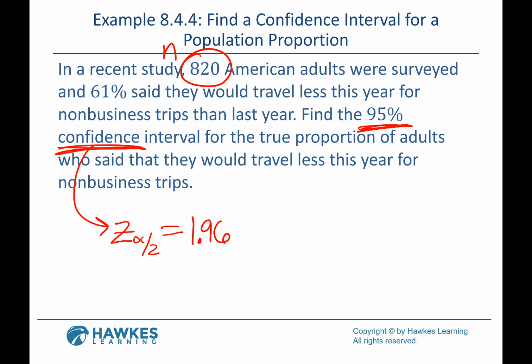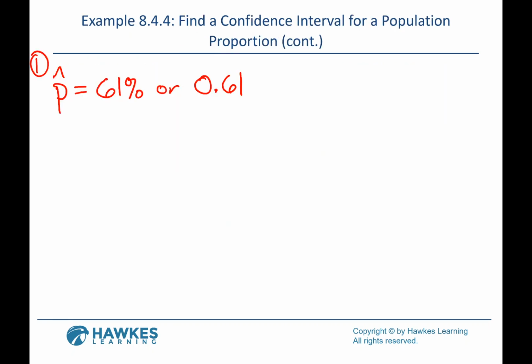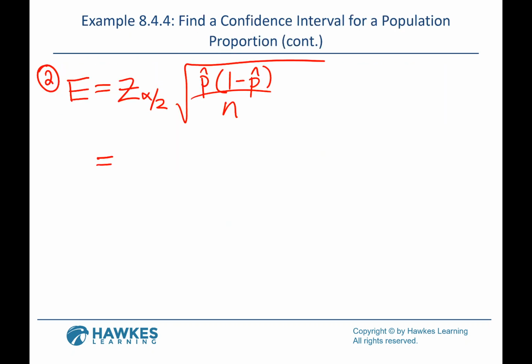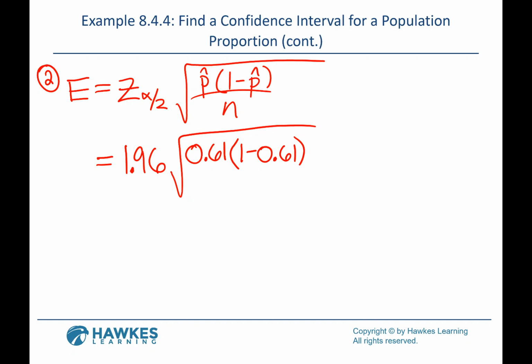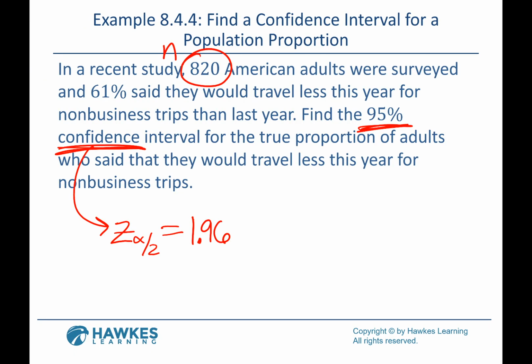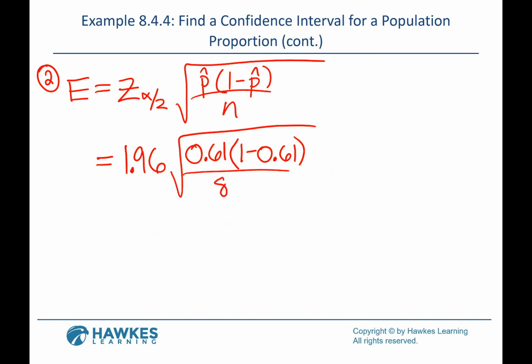So now it's just a matter of plugging into the formula. Okay, so 1.96 we just found times the square root of 0.61 times 1 minus 0.61. If you want to do that little step ahead of time, you can. It'd be 0.39, that's okay. And then divide that by 820, it's our n.